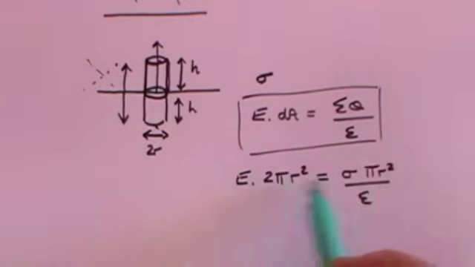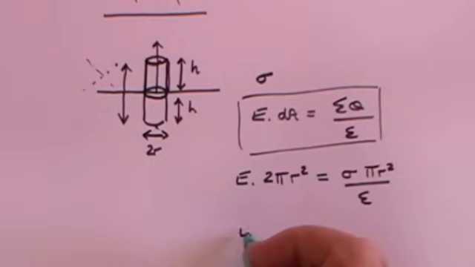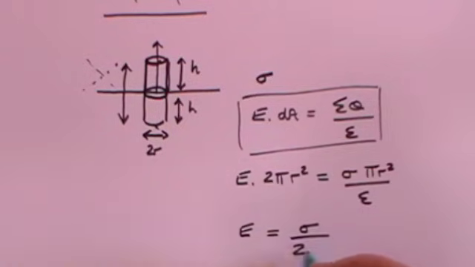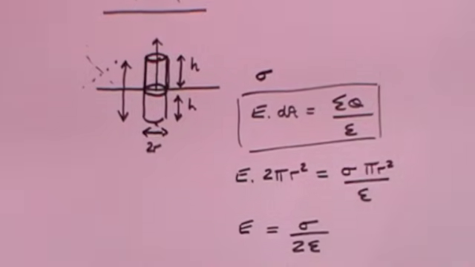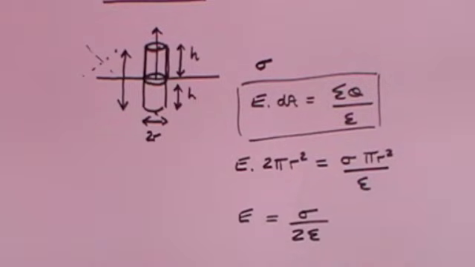If you now divide both sides by pi r squared, you will get that E is equal to sigma over 2 epsilon. That's a rather interesting result, because it tells you that the field anywhere above or below the plate is going to be equal to sigma divided by 2 epsilon.